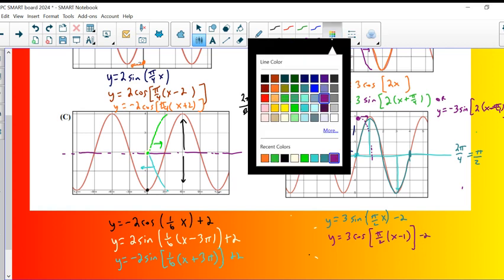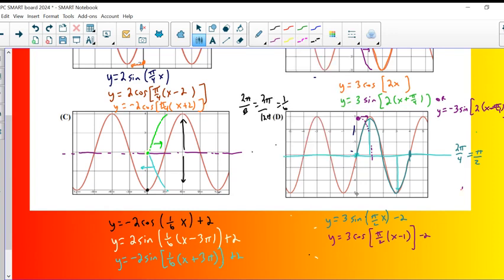Maybe you saw it as a negative cosine. Might as well complete it, right? Negative cosine would have started here, and that would have been shifted to the left by a unit of 1. So negative cosine could have been negative 3. There's our cosine function, pi over 2, x plus 1, and then minus 2.